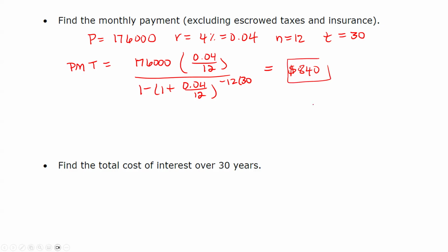So we now want to find the total cost of interest over 30 years. So we're paying $840 every month for 30 years. We're going to subtract the loan amount from that to get the total cost of interest that we paid.